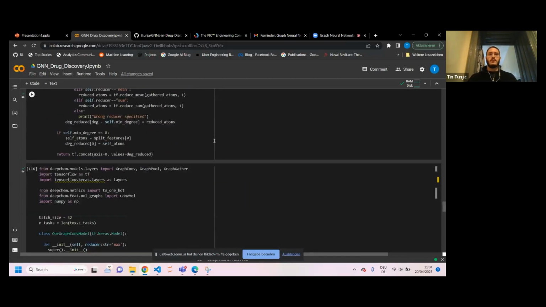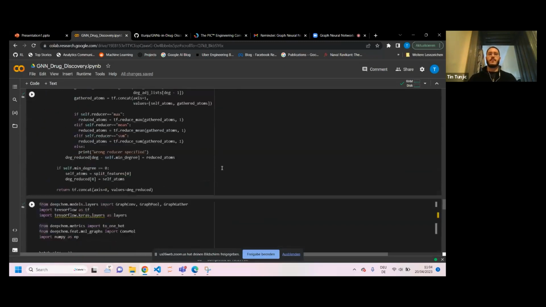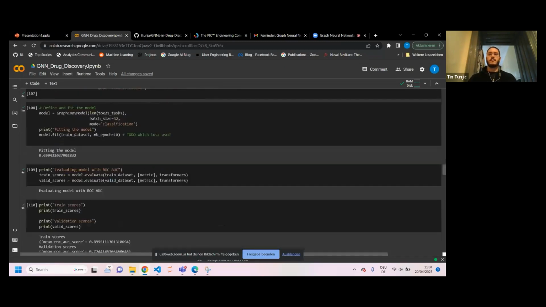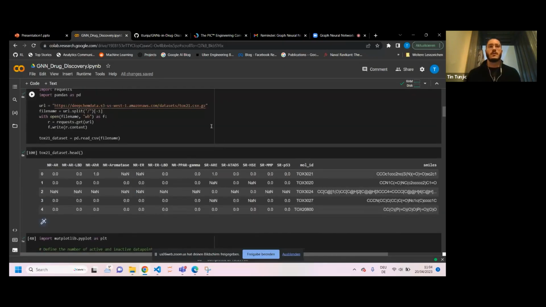So basically, what we've done here is we've seen that for this dataset of toxicity assays, 12 toxicity assays for 12 different targets, we have these different results.